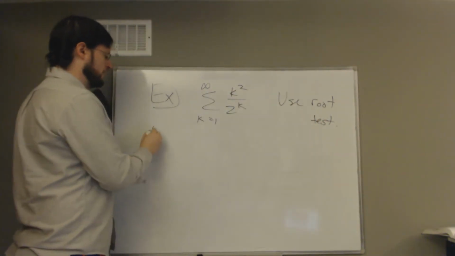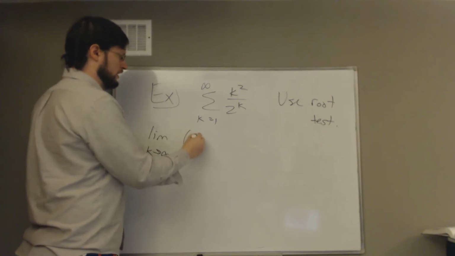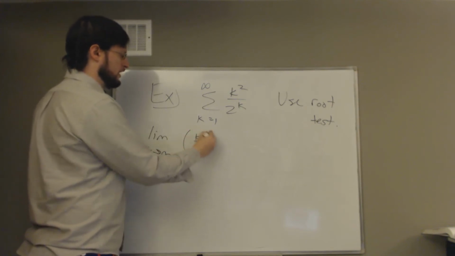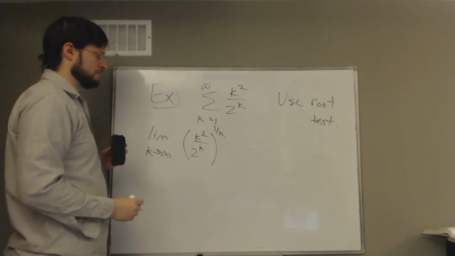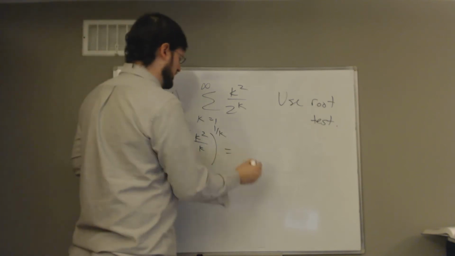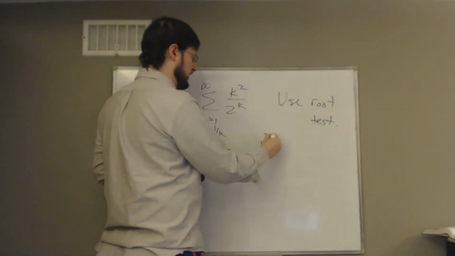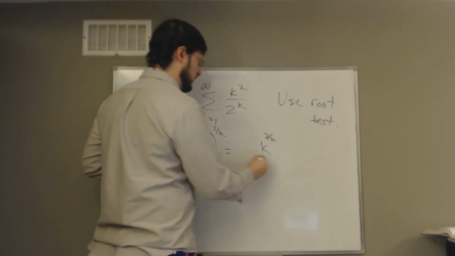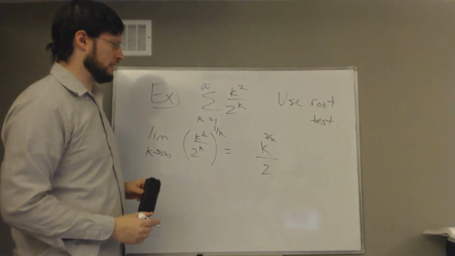So we're looking at the limit as k goes to infinity of k squared over 2 to the k, all raised to the 1 over k power, which is k to the 2 over k, all over 2, because the k and the 1 over k cancel out.